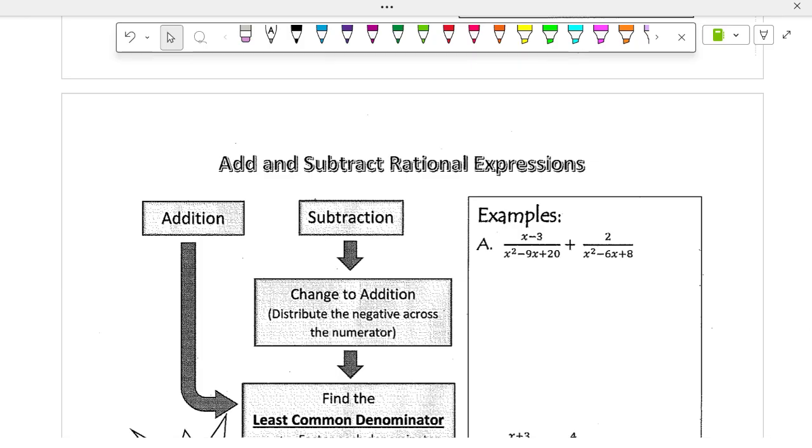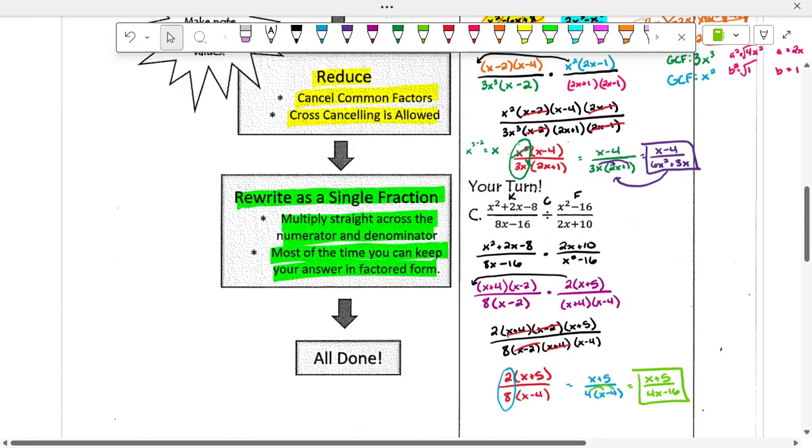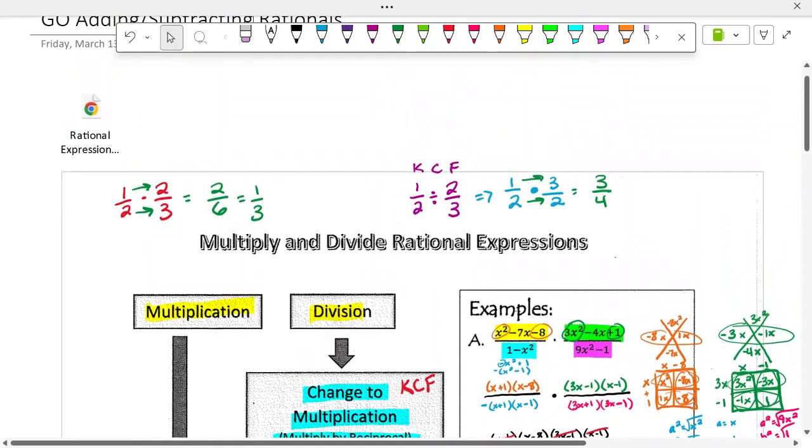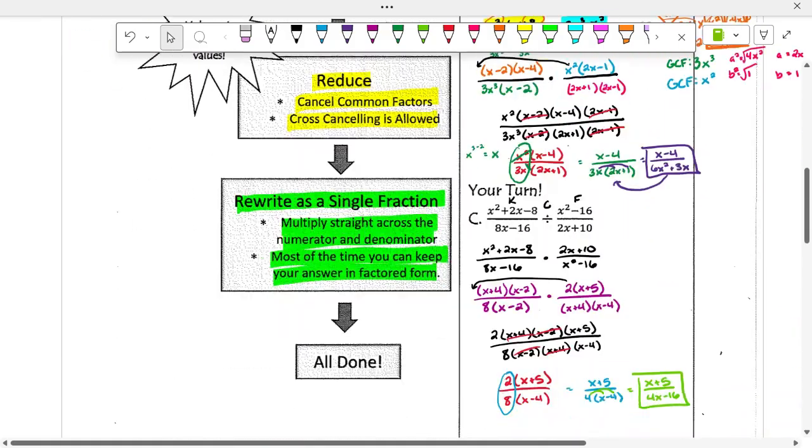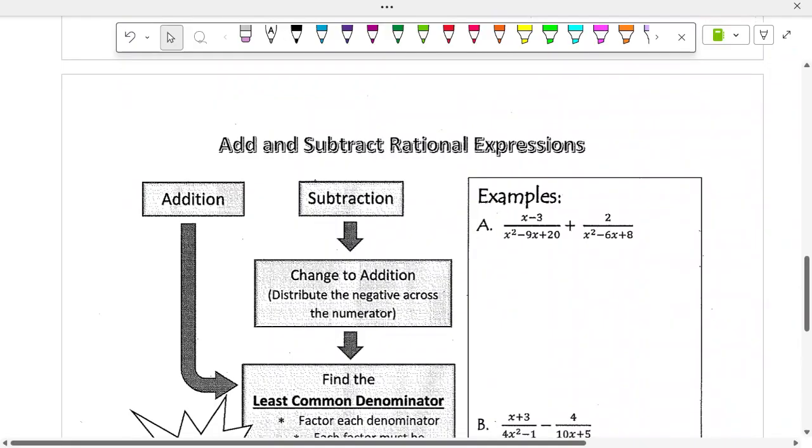Now, first off, if you recall what I said on Friday, just like how multiplying rationals is pretty much the same thing as multiplying numerical fractions, adding and subtracting rationals is the same thing as adding and subtracting numerical fractions.